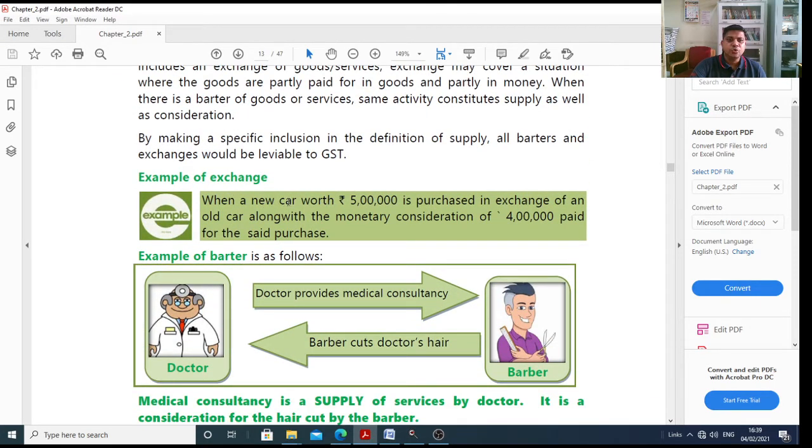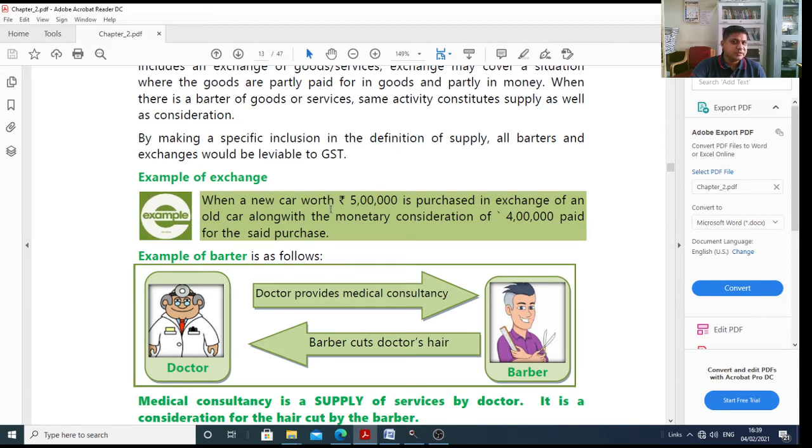A new car worth rupees 5 lakh is purchased in exchange for an old car, along with a monetary consideration of rupees 4 lakhs paid for the purchase. So it is called a barter exchange.